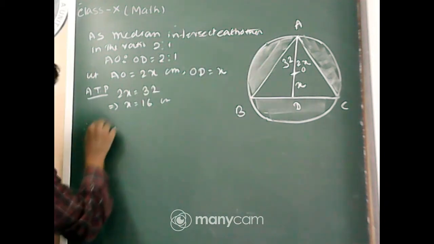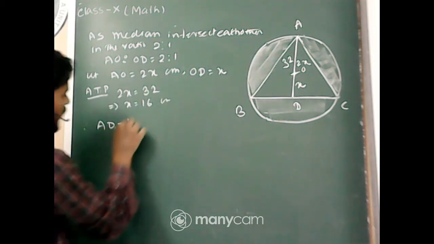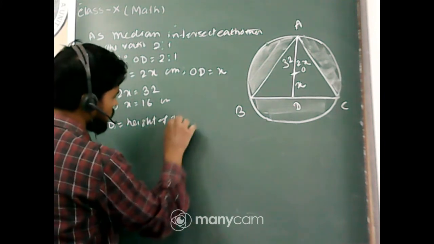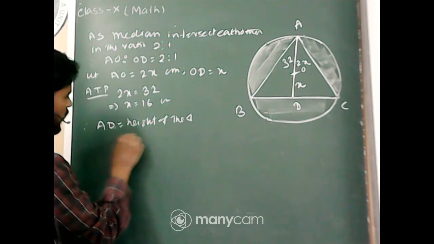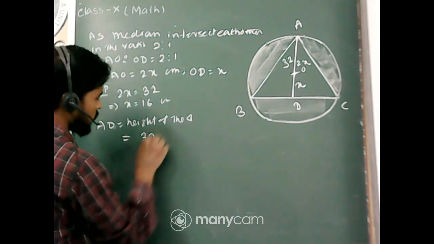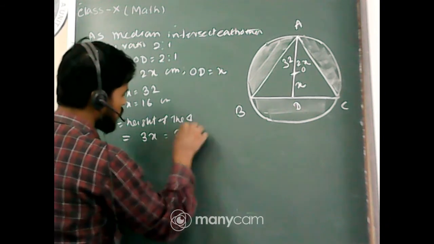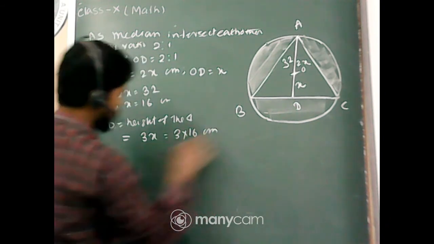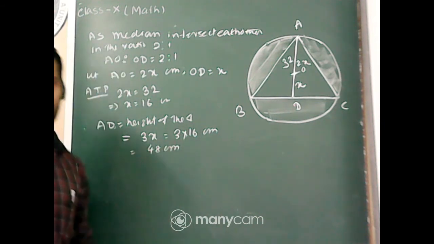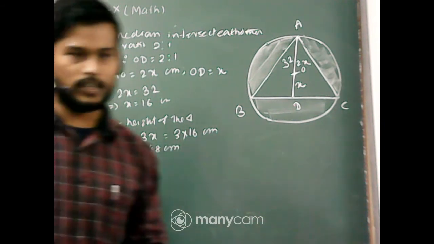So AD, the height of the triangle, will be equal to 2x plus x, that is equal to 3x. So 3 into 16 centimeter is equal to 48 centimeter.